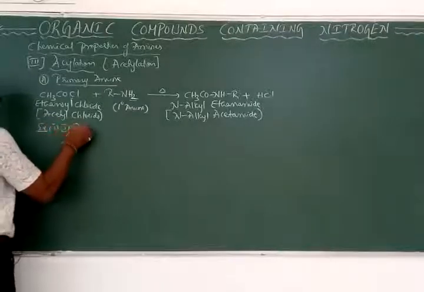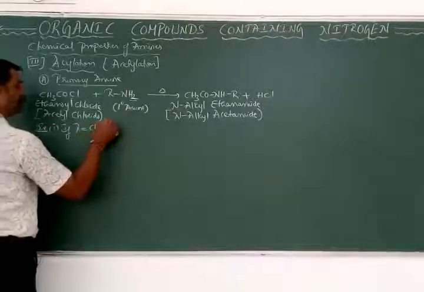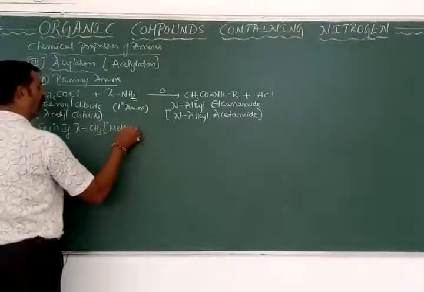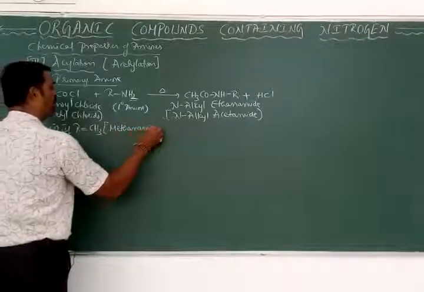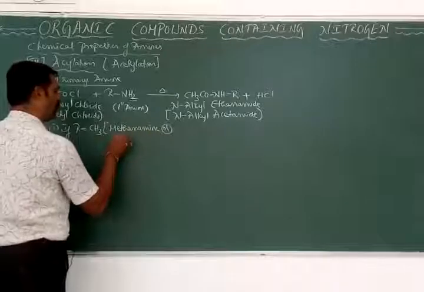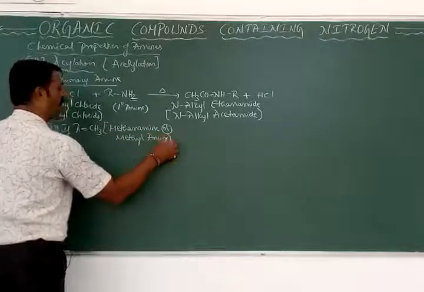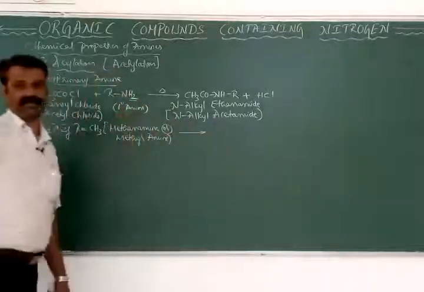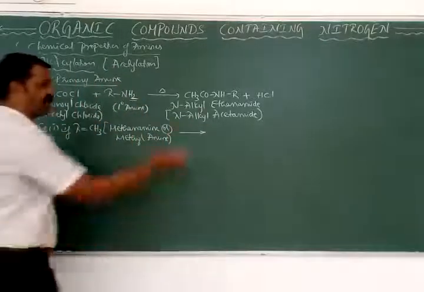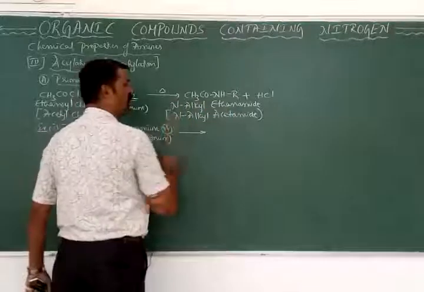If R is equal to CH3, it is called methanamine or methylamine. The product, just put R is equal to CH3, that's it. This is as usual ethanamide.